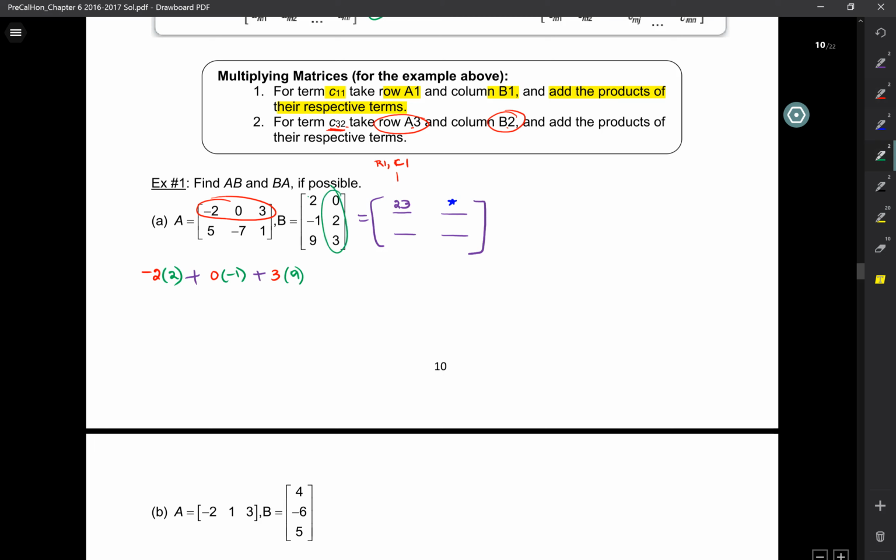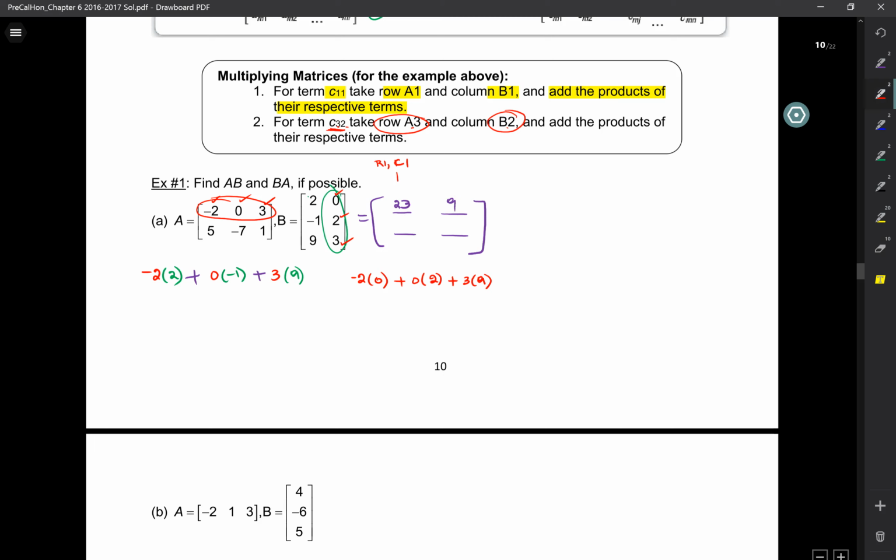Okay, so what are we going to get there? Well, the first with the first, -2 times 0, plus the second with the second, 0 times 2, plus the third with the third, 3 times 3. That gives you 0, 0, 9. So that's going to be a 9.